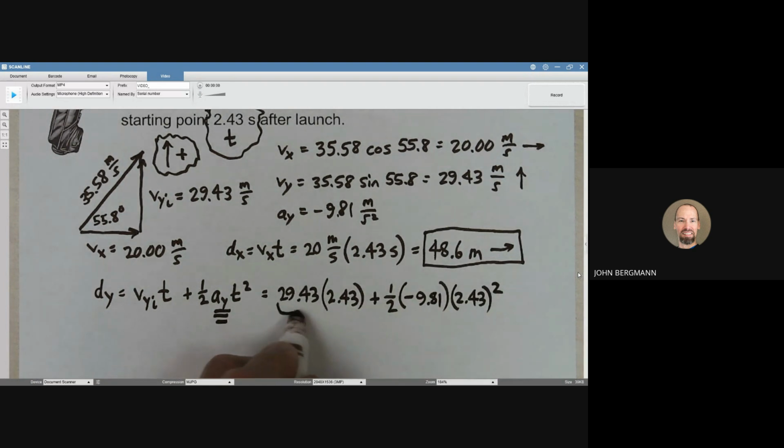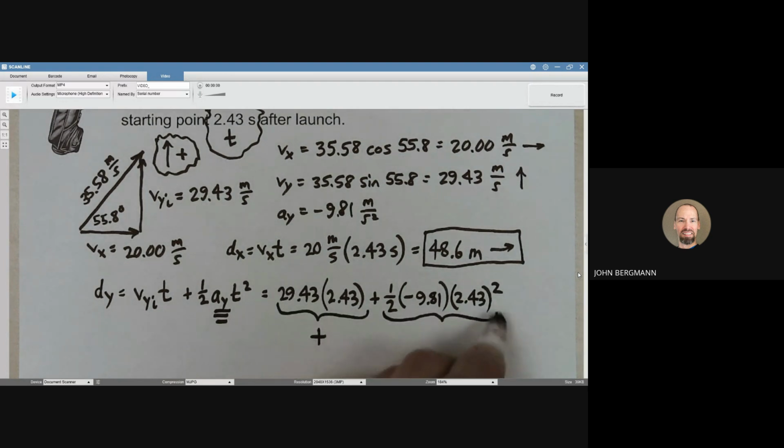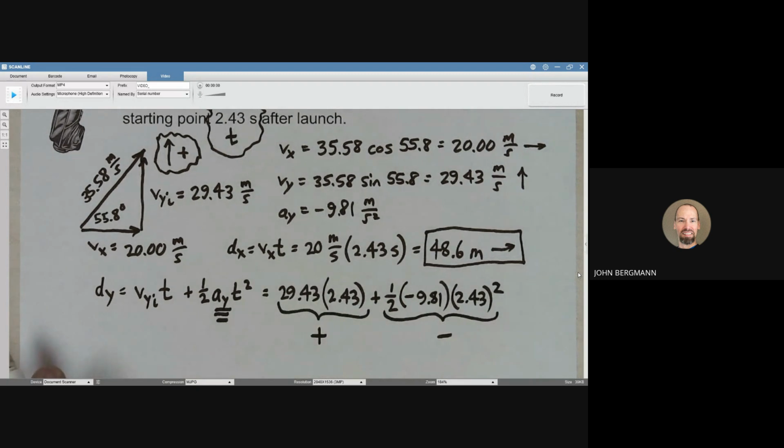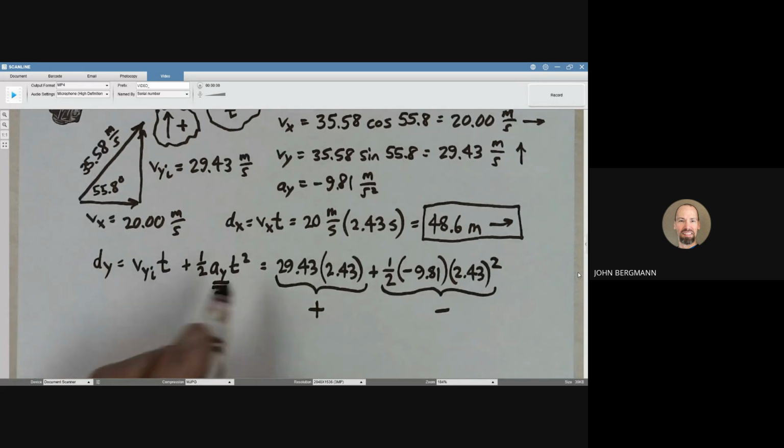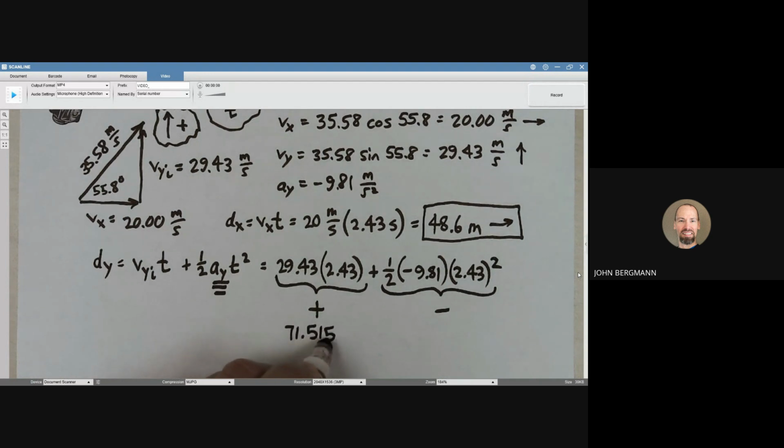So this quantity here is going to come out to be a positive number. This quantity right here comes out to be a negative number. There is a subtractive effect due to gravity. And when you do that, in fact, I'll go ahead and write these numbers out. This one comes out to be 71.515 meters, and this quantity comes out to be negative 28.964 meters.